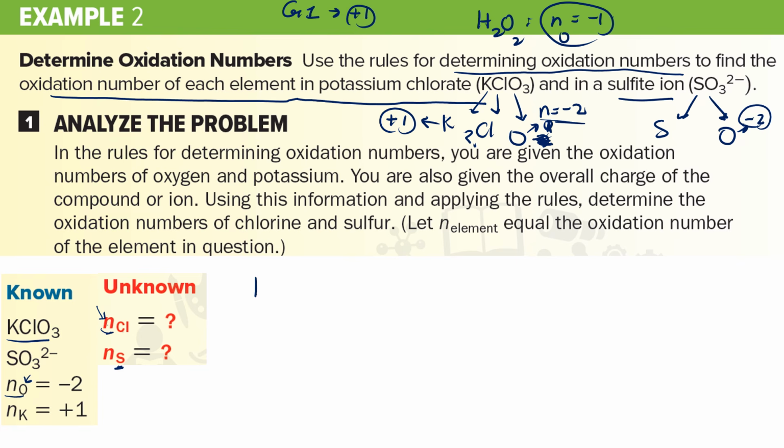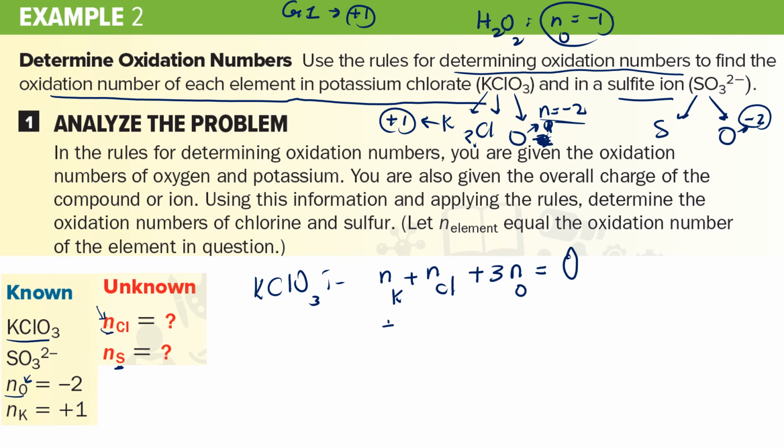So let's go to this compound. We know the rule: there is no charge on top, so the sum of the oxidation numbers, NK plus NCl plus 3 NO, will equal 0.